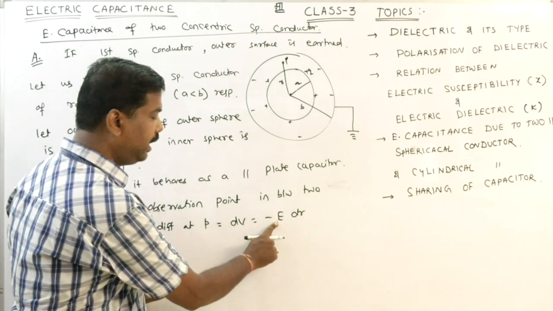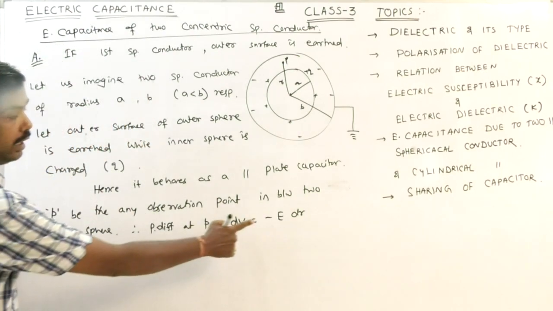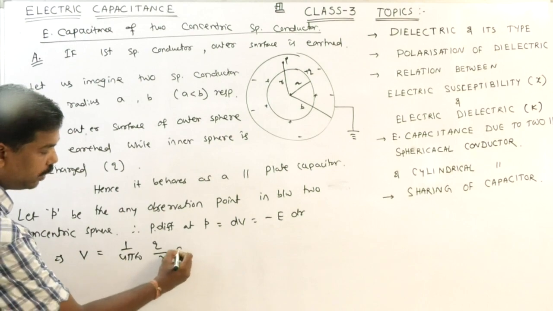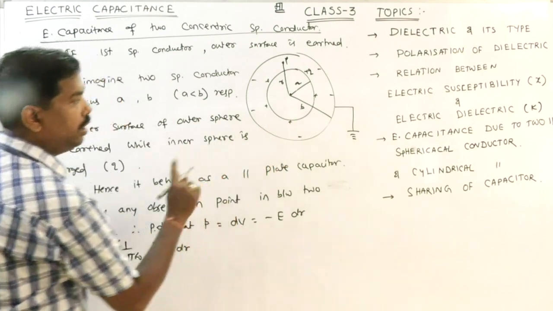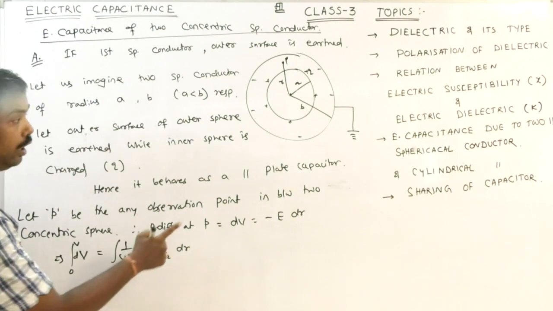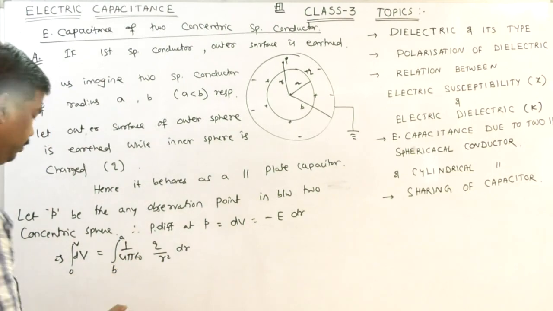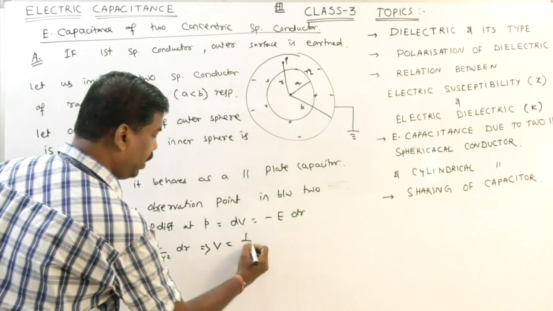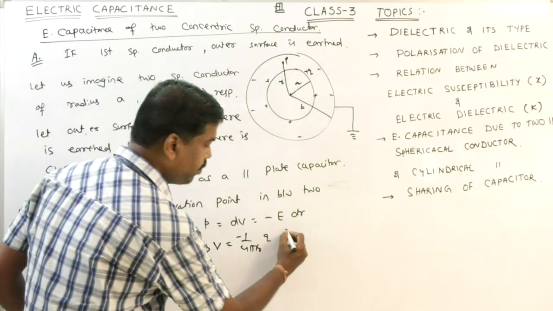So I can write dV is equal to E dr, or V is equal to the integral of the electric field for a spherical conductor, which is 1 by 4 pi epsilon 0 q by r square dr. The potential varies from 0 to V while going from the outer sphere to the inner sphere, B to A. It is found that V is equal to 1 by 4 pi epsilon 0 q, with the negative sign, integral of 1 by r square dr.